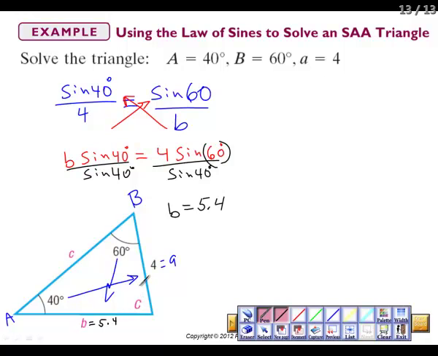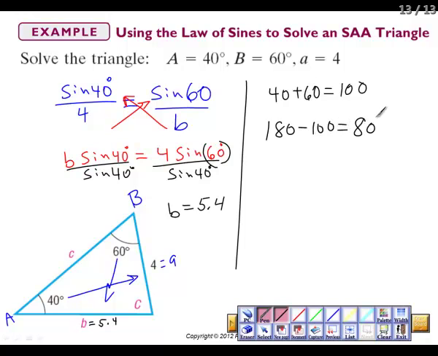5.4. Okay, now for angle C, we can just figure out the sum of these two angles: 40 plus 60 is 100, and then 180 minus 100 gives us 80 degrees.